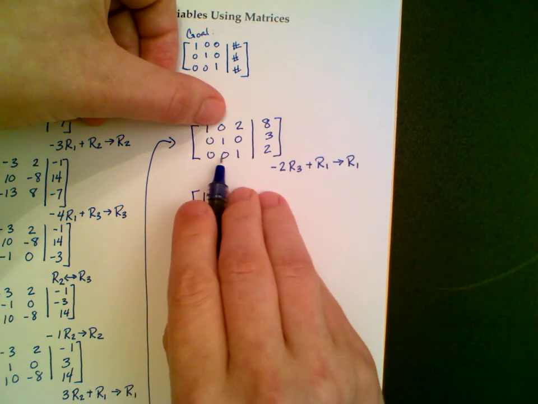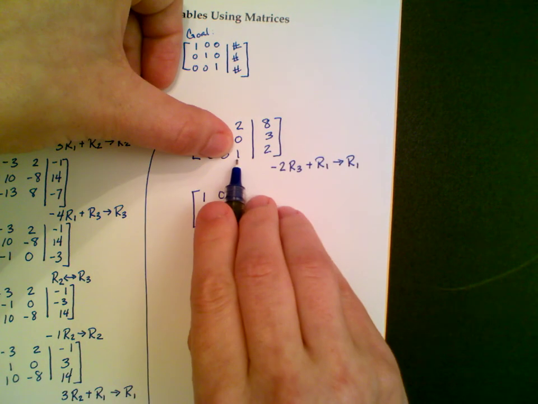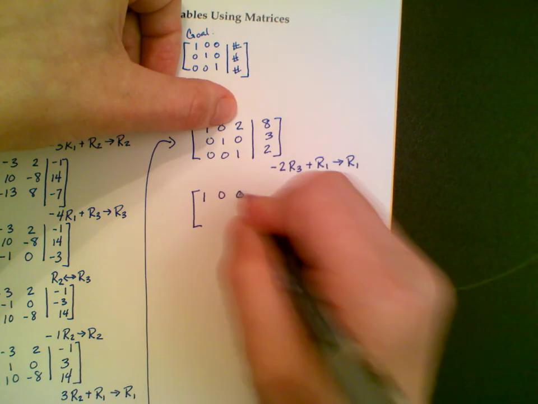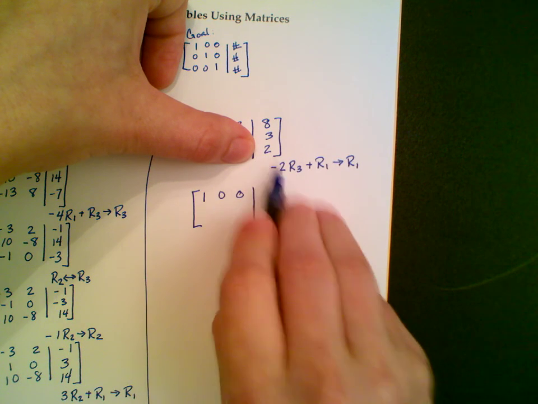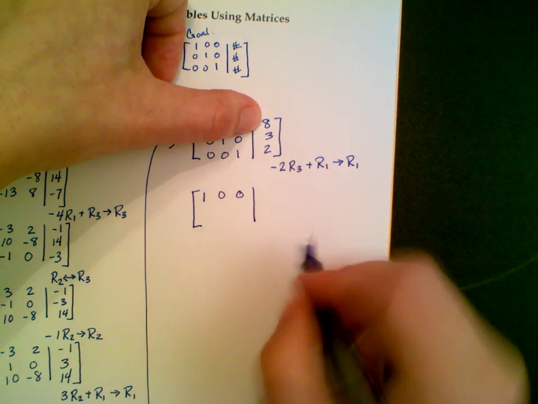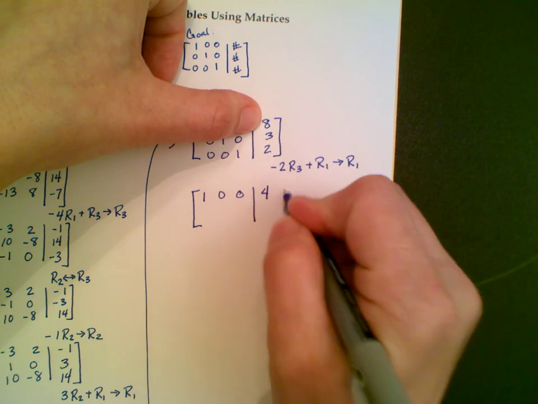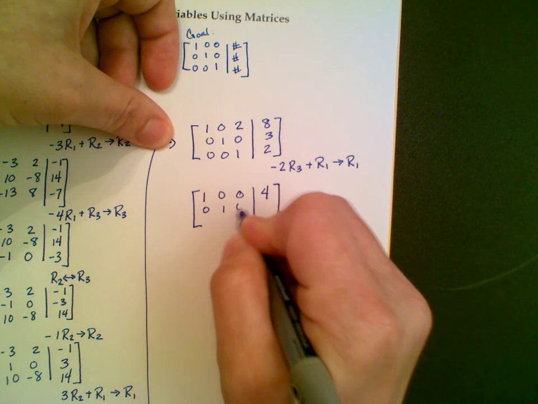Negative 2 times 0 is 0, plus that doesn't change. So now negative 2 times 1 is negative 2, plus 2 is 0. That's why we chose that operation. Negative 2 times 2 is negative 4, plus 8 is positive 4. And now I can recopy my other two rows.